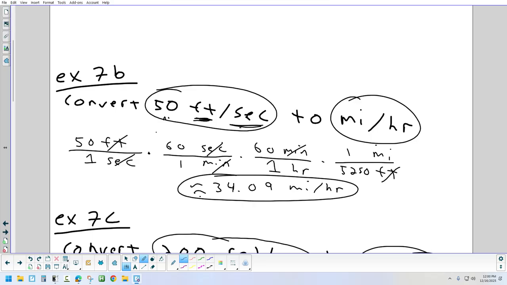It's about 6 times faster. So if you go 6 times faster than 34, that's a little over 200. So that tire came off the machine and was rolling at 200 miles an hour. Probably not going to get out of the way.